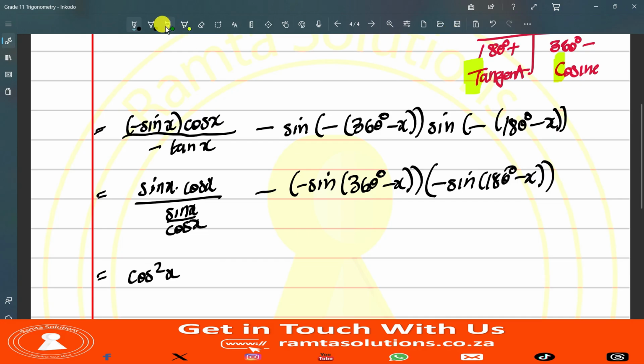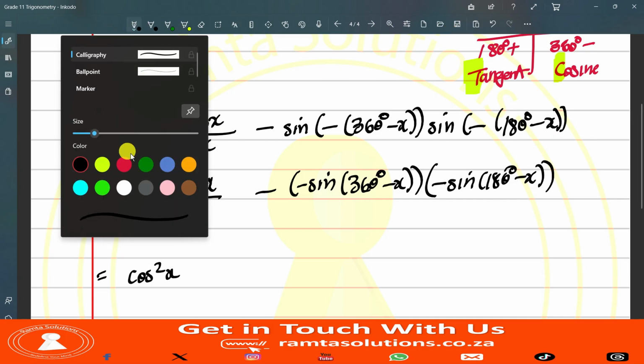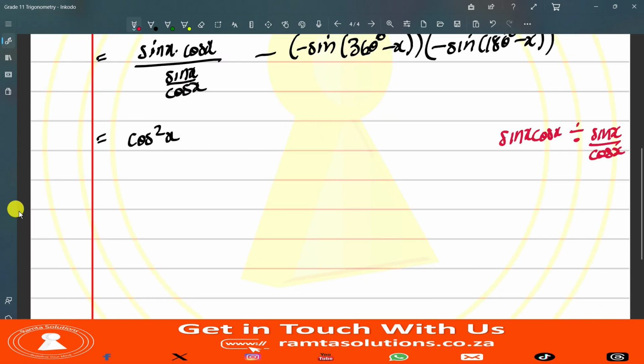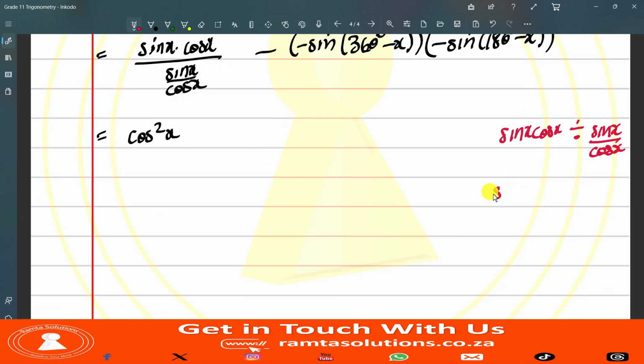In case you're wondering how I did that, let me just explain. Here it is: sine x cos x divided by sine x over cos x. Because of the division sign, you will change it to a multiplication sign.